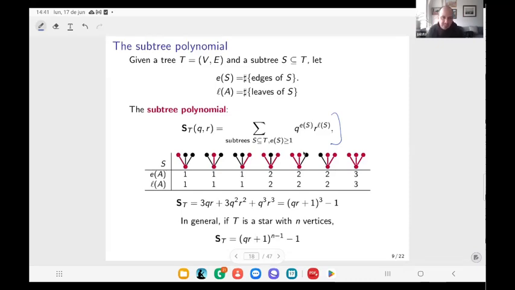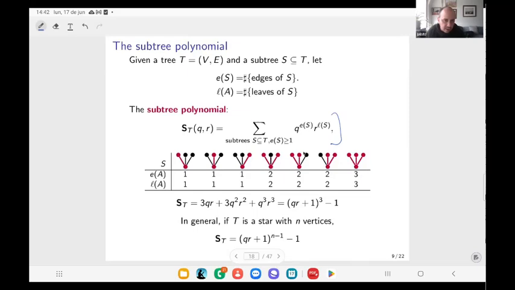And all my examples are very small because otherwise they're very heavy to compute. So if we do it for the star with 4 vertices, you can check that these are all the possible subtrees with more than one edge. And then, of course, these are the correct numbers.